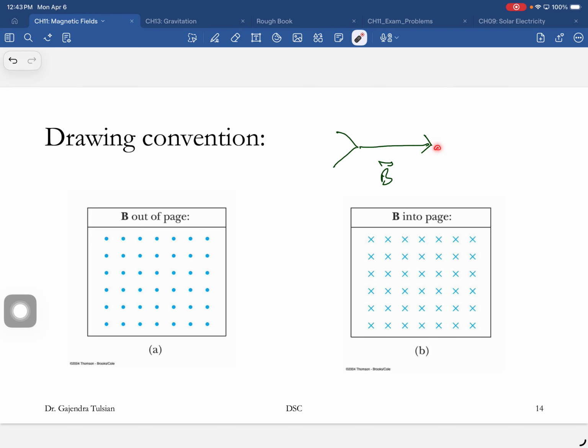If this arrow is coming out of the page, then what you're seeing is the arrowhead, the tip. So magnetic fields coming out of the page are indicated like so. Magnetic fields going into the page are indicated by crosses. And of course, if the magnetic field is in the page, that's not hard to represent. So that's the convention.